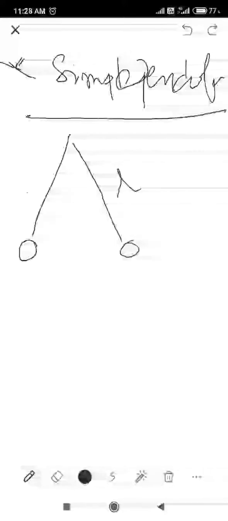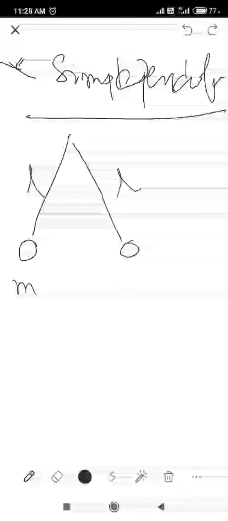Next we see one more important application: simple pendulums. This is one important application. Suppose two simple pendulums of same length and same mass are suspended from the same point, and both the spheres are given identical charge q.